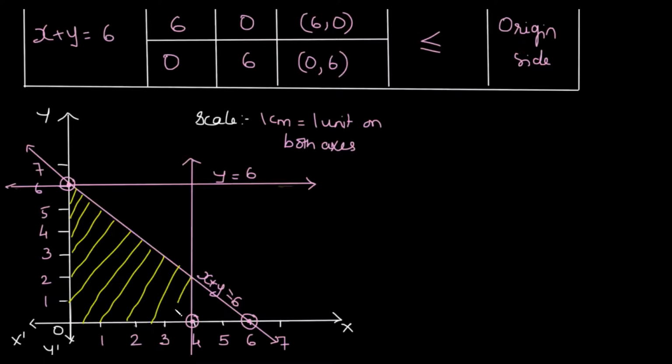Now this much we are familiar with. We have been doing this in the previous exercises. Now the next step is that we are going to name this region. So let us name the corner points. O is already the origin. The corner points are O, A, B, C. So OABCO is the feasible region, which has been shaded in this case.